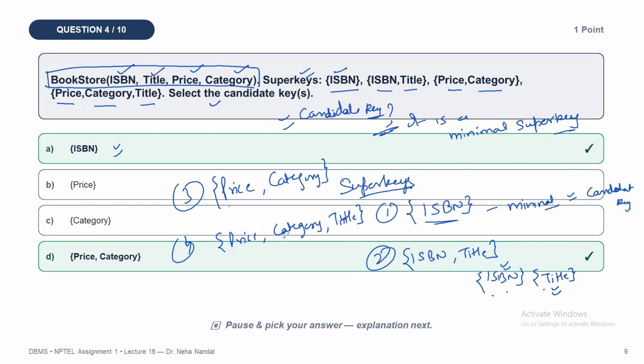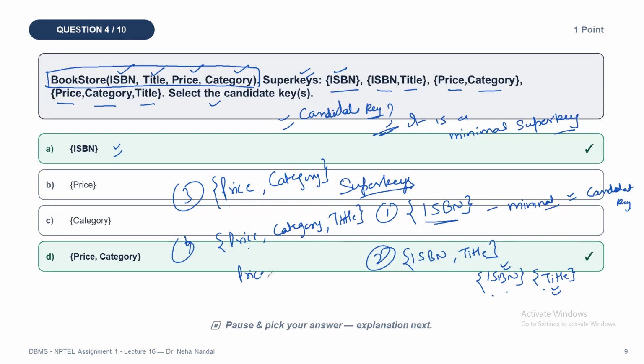See here, price and category. Price and category alone cannot become a super key; it is not given as a super key, so we cannot further reduce it and make it a candidate key. They are not given alone over here, they are given together.